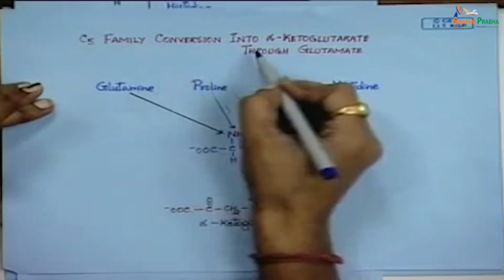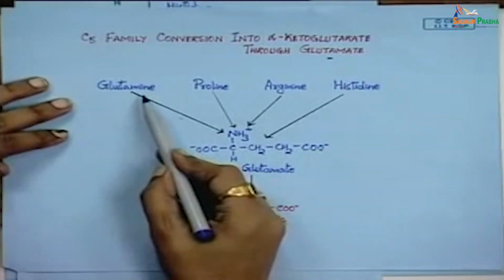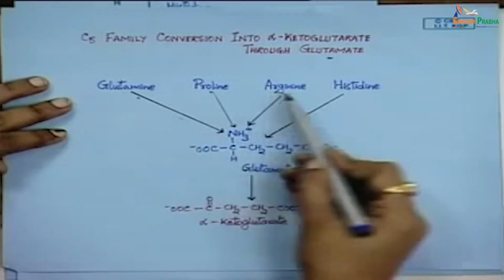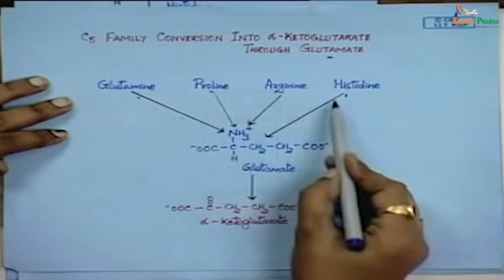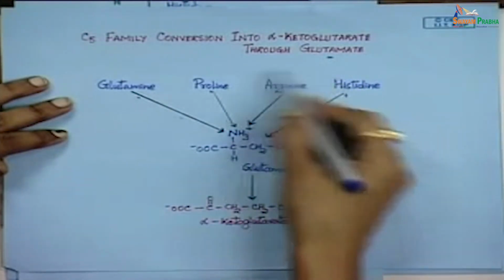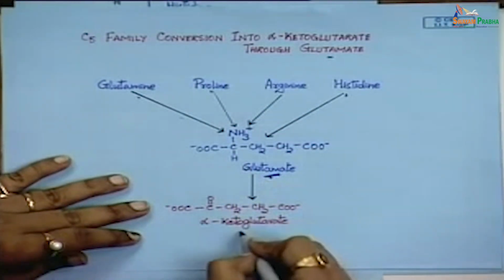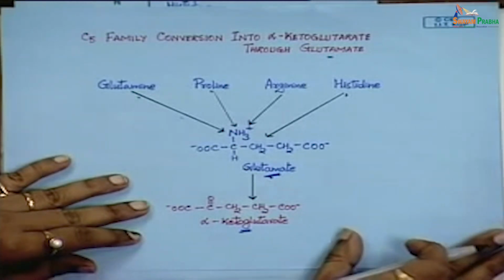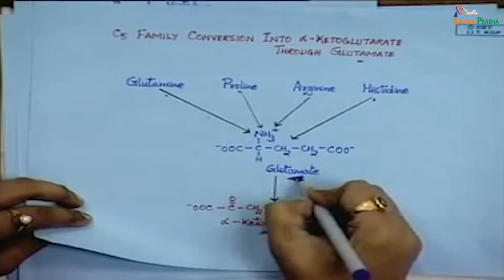In the C5 family conversion into alpha ketoglutarate through glutamate, glutamine, proline, arginine, and histidine are all amino acids that are converted back to glutamate. Glutamate is converted to alpha ketoglutarate, and this way alpha ketoglutarate and glutamate play a significant role to operate this urea cycle.